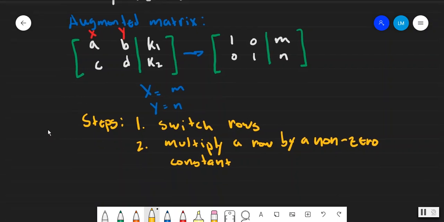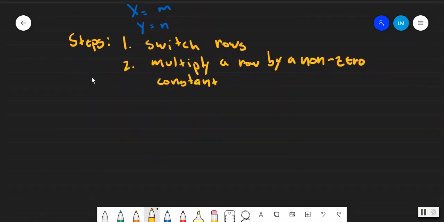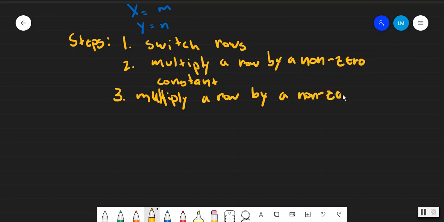The last step that we can use for our row operations is the following: we can multiply a row by a non-zero constant and add it to another row.